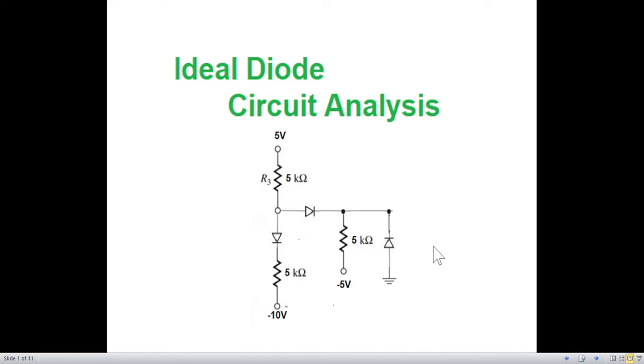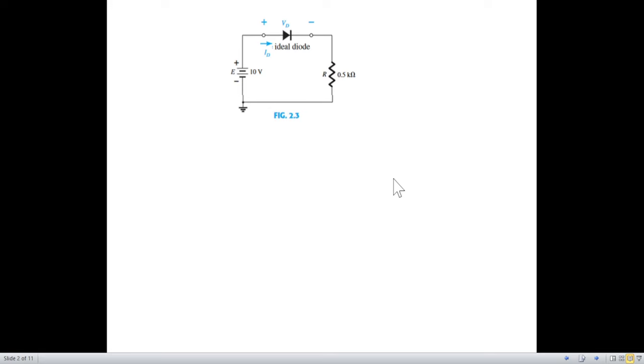Today's video is about the ideal diode, and in this we'll be solving question number 4 that I had discussed in my previous video. We had discussed in the previous video that if there is a simple circuit with a diode, and we can say for sure whether the diode is forward bias or reverse bias, then there is no problem.